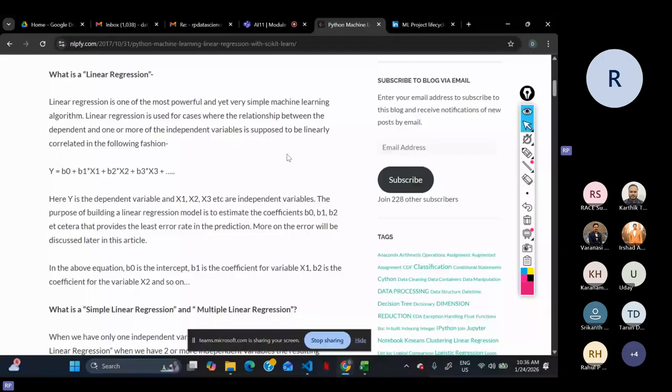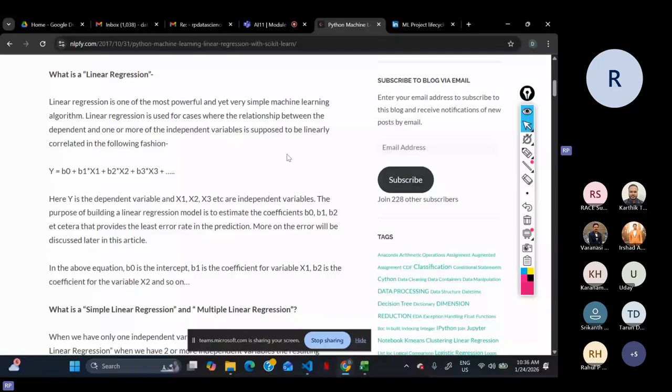That is why we call linear regression a parametric model, because to develop or choose a linear regression model, there should be some assumptions, and whatever I told, those assumptions should match. If they do not match, we cannot use the linear regression model.